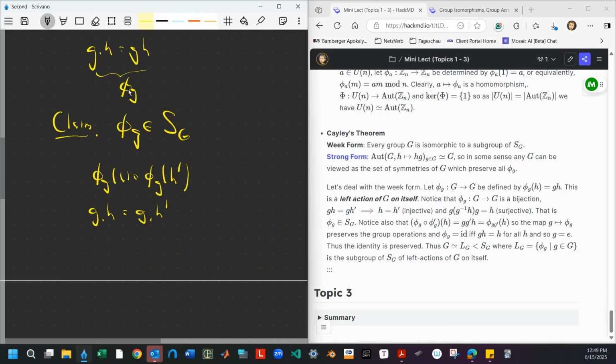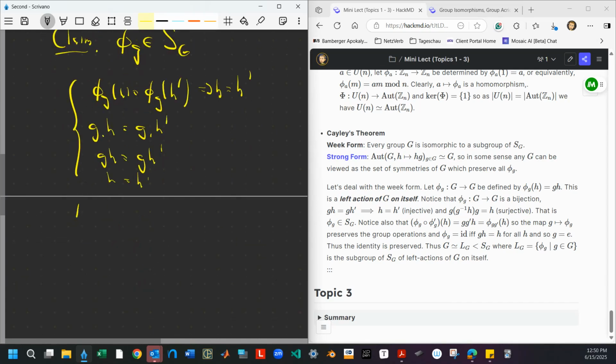I mean, sometimes it's useful to think of it like this. This is often the notation for an action. Okay, so what is this? This is just gh equals gh prime, right? Well, clearly I can multiply on both sides by g inverse, right, and get that h equals h prime. So in other words, if this happens, then h equals h prime, right? So it's one-to-one.